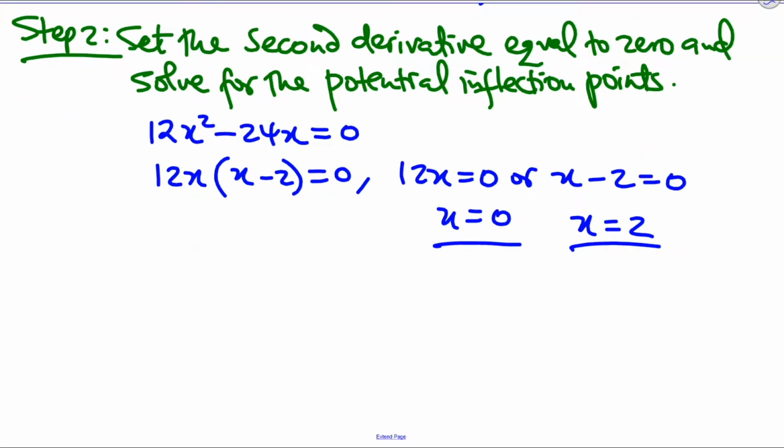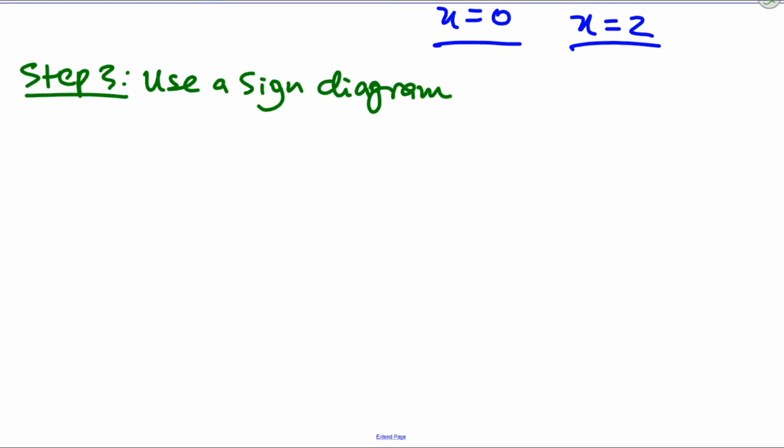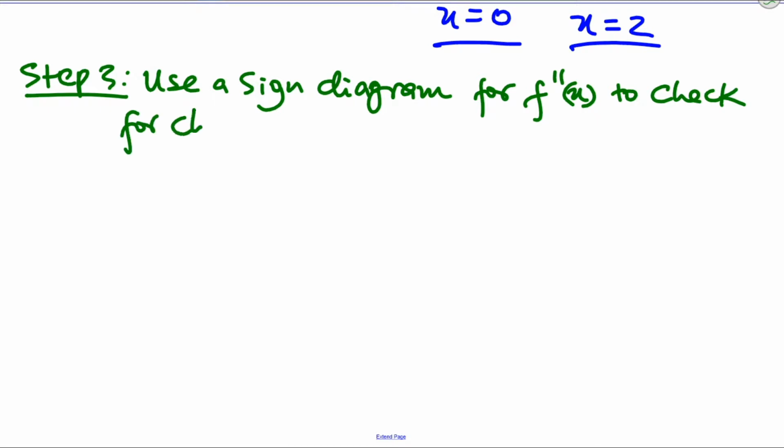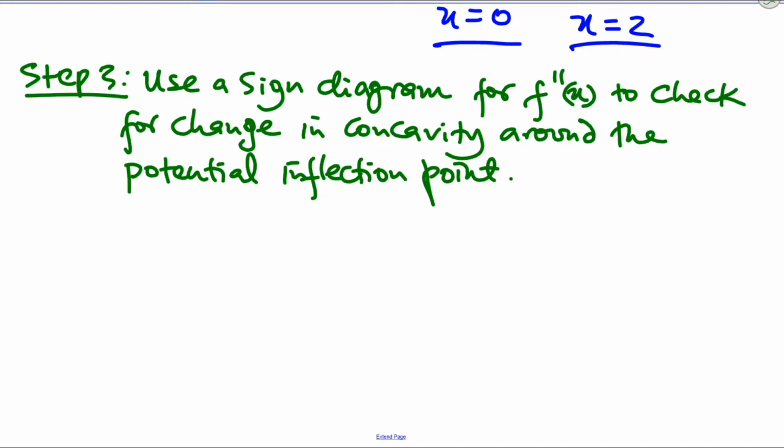So step 3 will be to use a sign diagram for the second derivative to check for change in concavity around the potential inflection points. So we need to draw a sign diagram like that one.